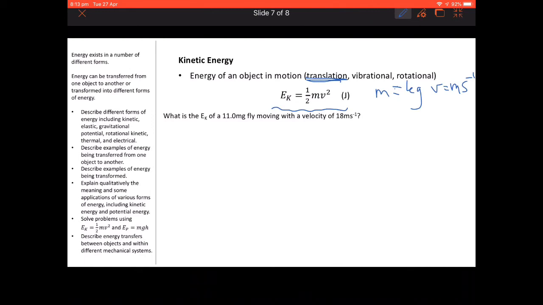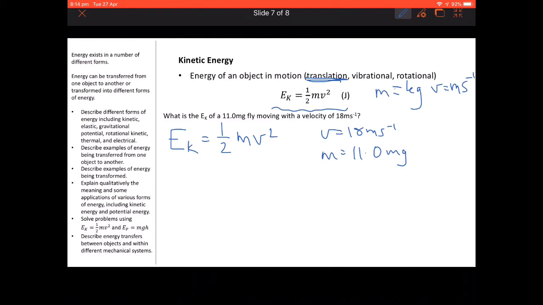So an example: what is the kinetic energy of an 11 milligram fly moving with a velocity of 18 meters per second? To do this, we've got our rule, kinetic energy equals half mv squared. Our velocity is 18 meters per second, and our mass is 11 milligrams.